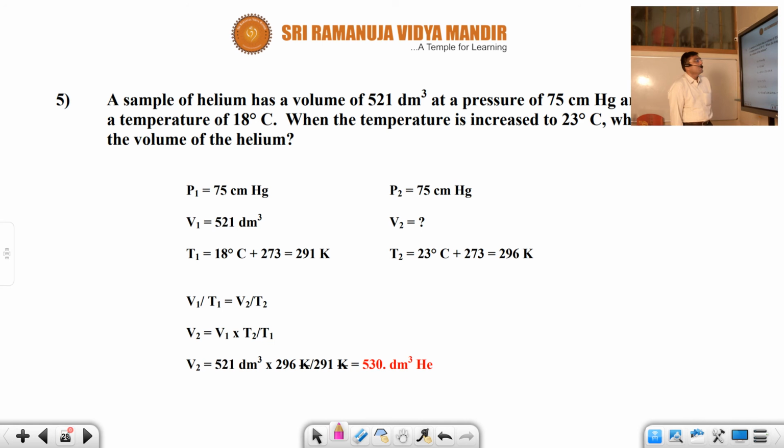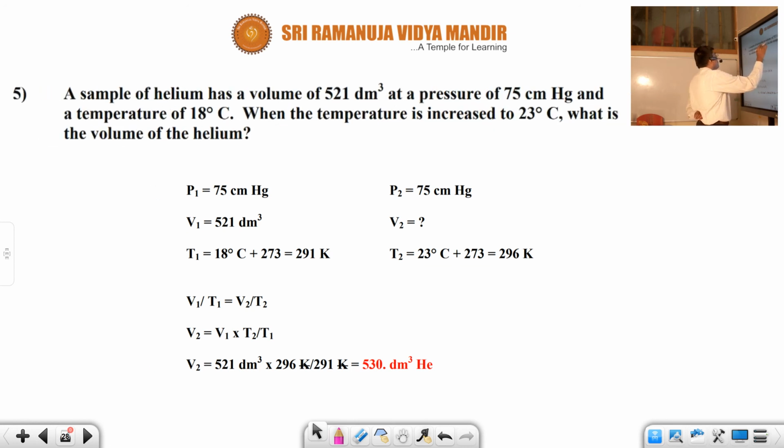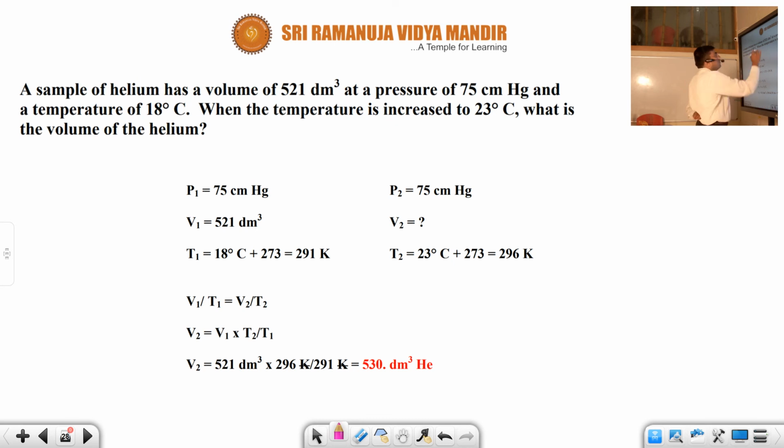Yes. Now, students, have a look at the second question. The second question is as follows. So initial volume is given as 521 decimeter cubed.